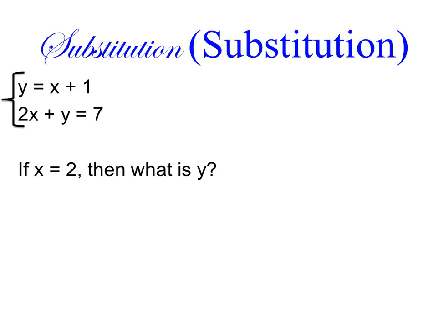Which one should I use? Doesn't really matter, but I think the first one is really easy. Look at that. If I take y equals x plus 1, and instead of x, what do I write? 2. Then I have y equals 3, and I am done. So substitution is really, really valuable.